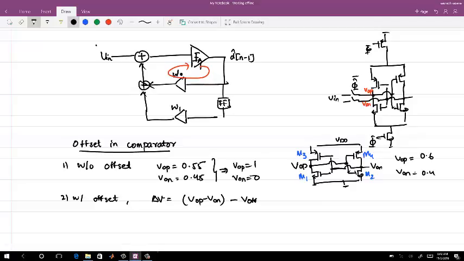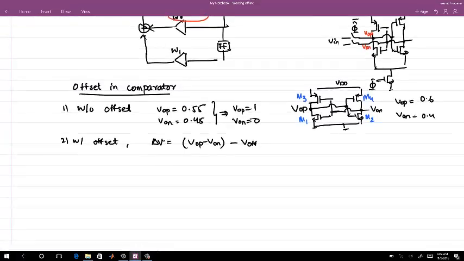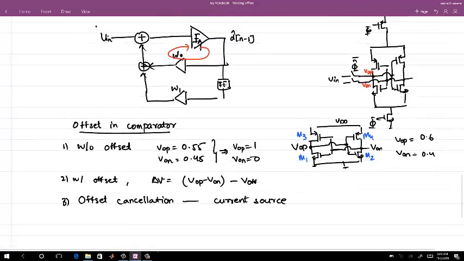So this is offset cancellation, and you can cancel offset with current sources on both the sides.